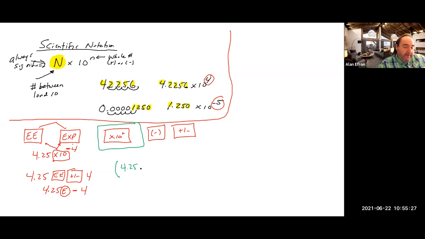You'll hit that button, and I believe on your calculator, you'll get a 10, and then you'll have the little cursor blinking up there once you hit that button. When you have that blinking up there, you then could do the negative and 4, and it will turn this into 4.25 times 10 to the negative 4.